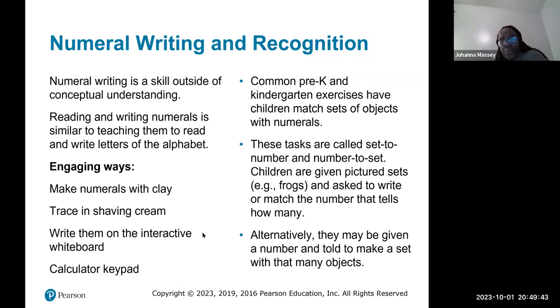And they have to do it. Alternatively, they may be given a number and told to match a set with that many objects. You could do that with cards, and they can draw it out or whatever. Or get them some objects and pull those objects out.